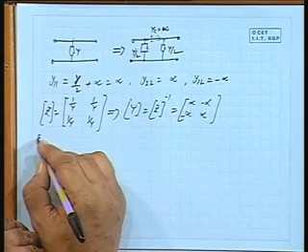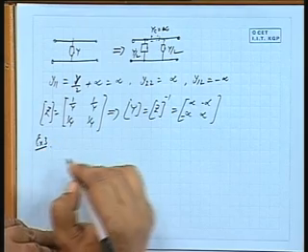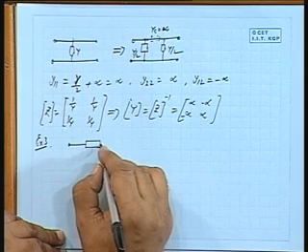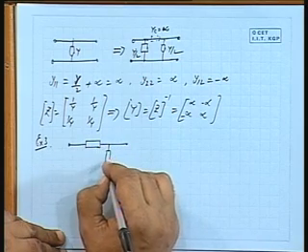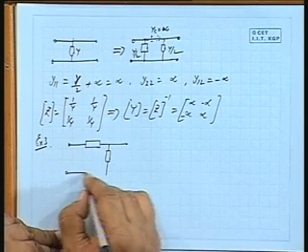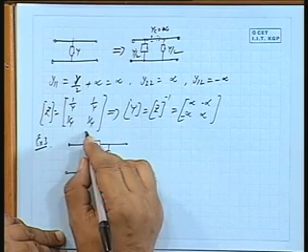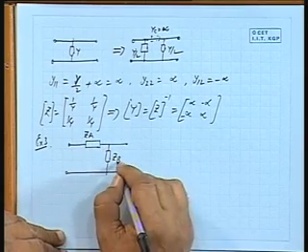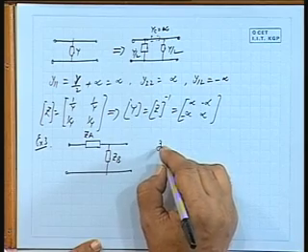A third example we will take, an L connection, ZA and ZB. What will be Z11?